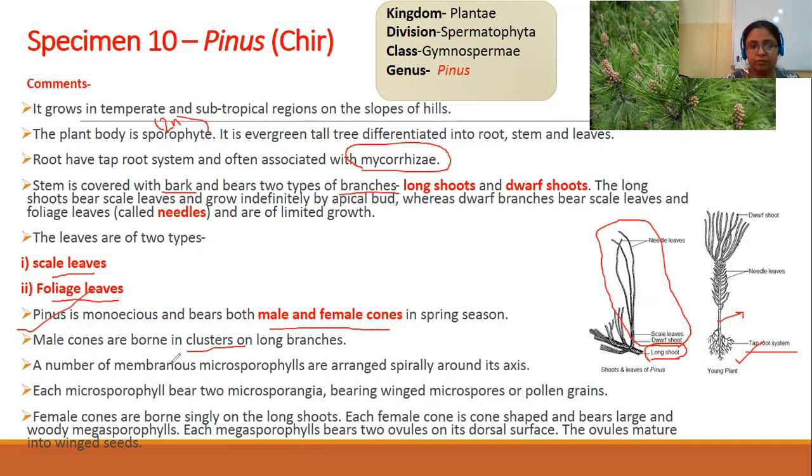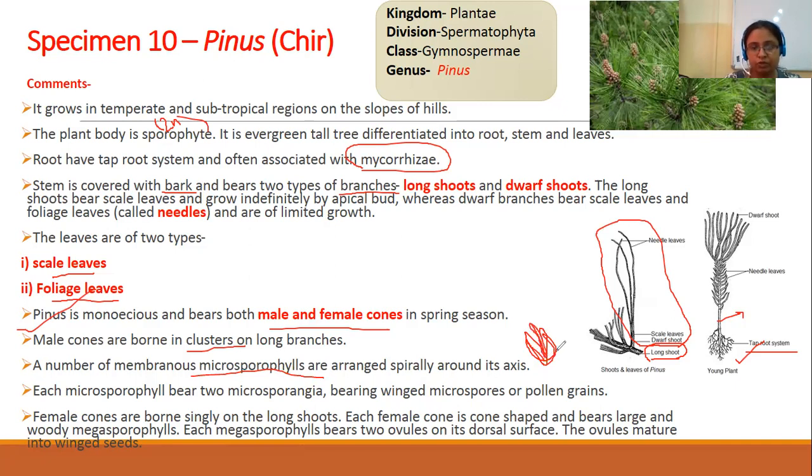These male cones generally contain microsporophylls, and all these microsporophylls are arranged spirally around a central axis.